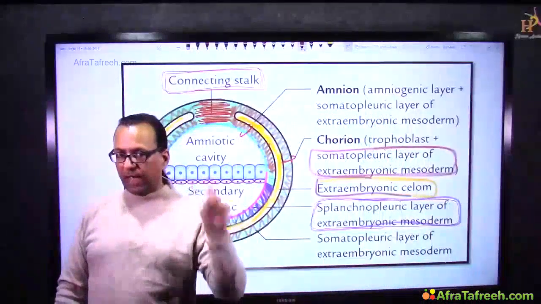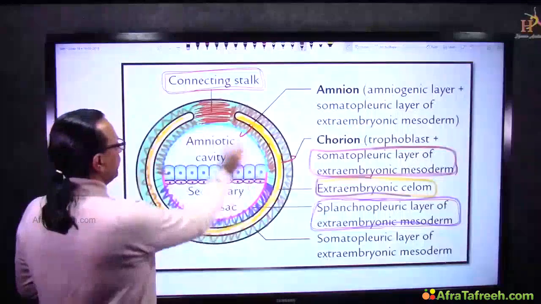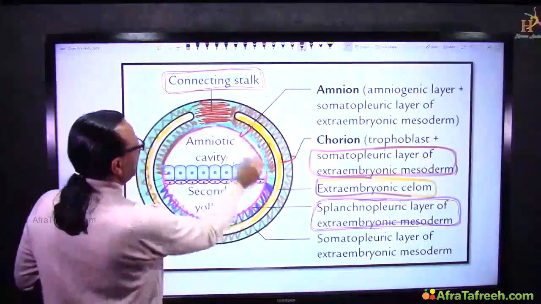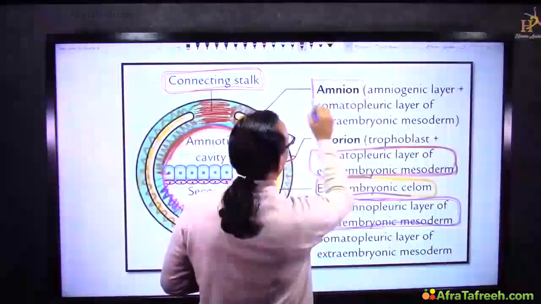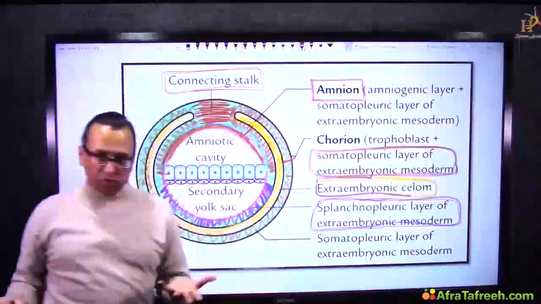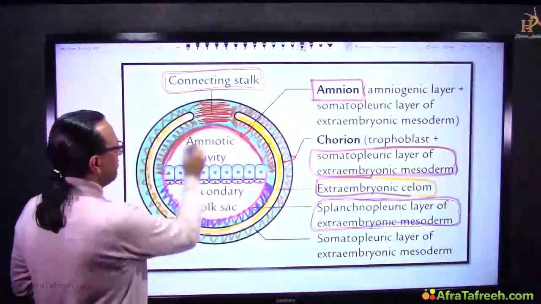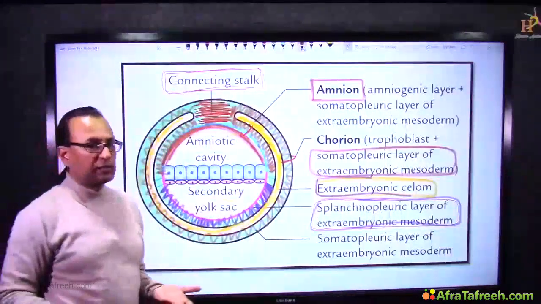What about the amnion? Amnion is the one which is covering the amniotic cavity. That is the amnion. Can you tell me the amnion which is covering the amniotic cavity, what is it contributed by? Amnion is a membrane which is contributed by amniogenic cells.